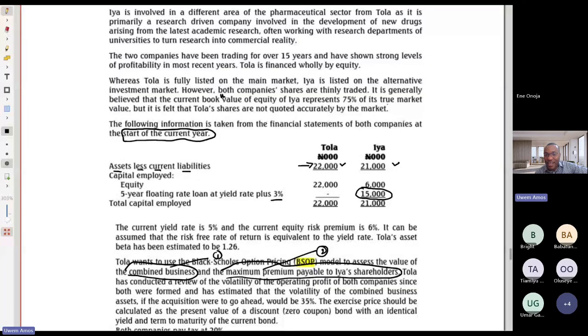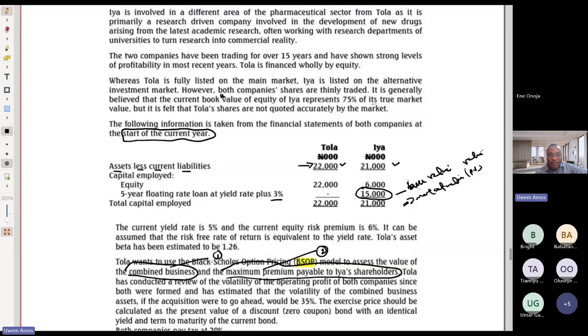But what we're interested in is our market value, sometimes we can call it present value, the present value of the loan. How much is it worth rather? All right, so it's 15,000.